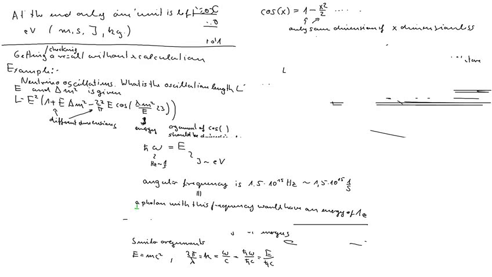But length is proportional to 1 over energy, as we have just learned over here. So energy is proportional to 1 over length, and length is proportional to 1 over energy. So length is definitely not proportional to energy squared. So this is very wrong.